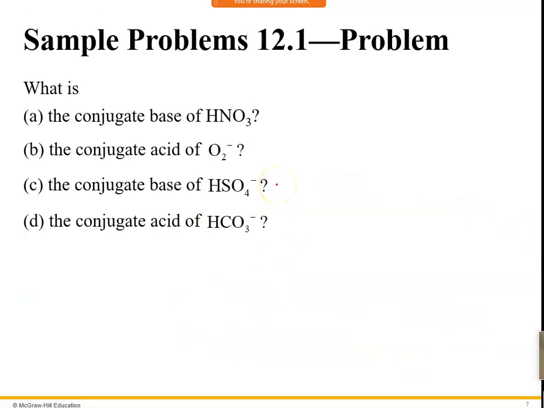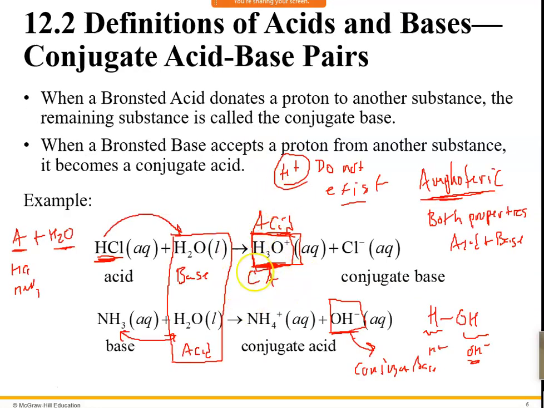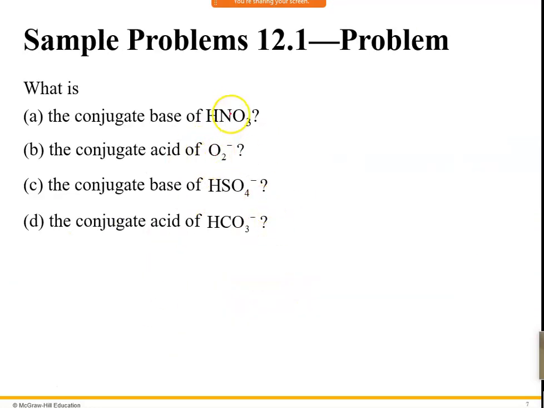Okay, so this is just a problem to make sure that you understand how these charges work and how everything works. If you have HNO3, what is the conjugate base of HNO3? That would imply that you're losing a hydrogen off of this, so it's acting as an acid.